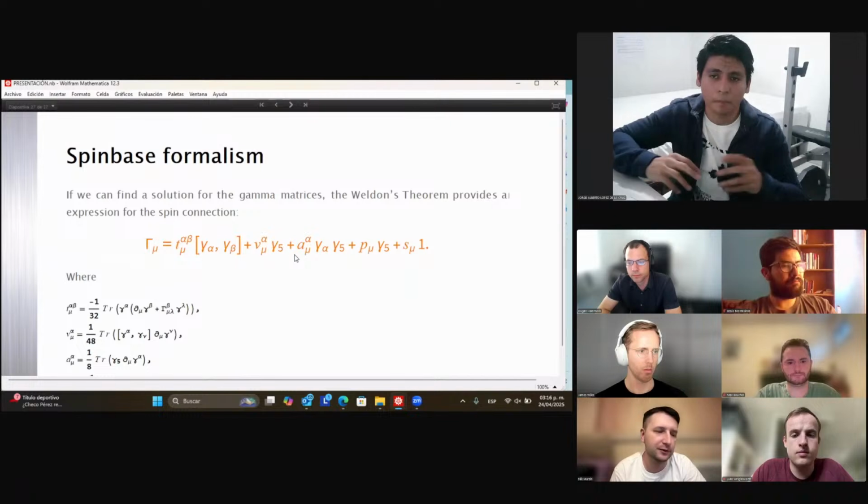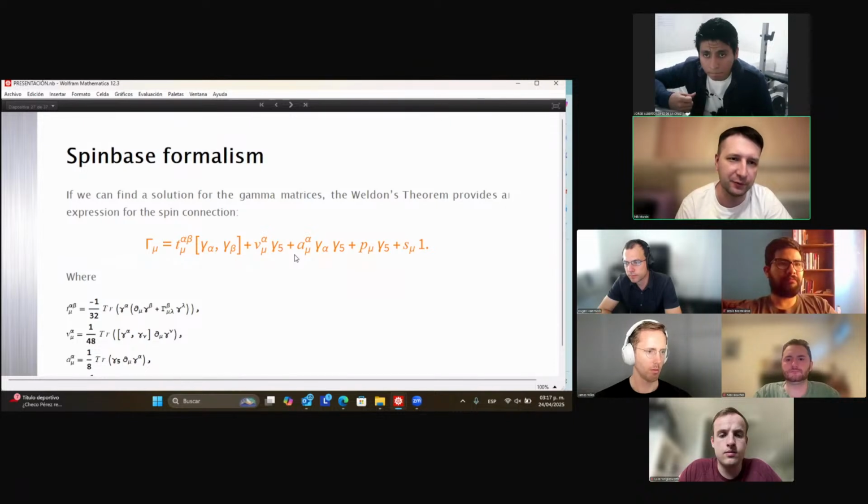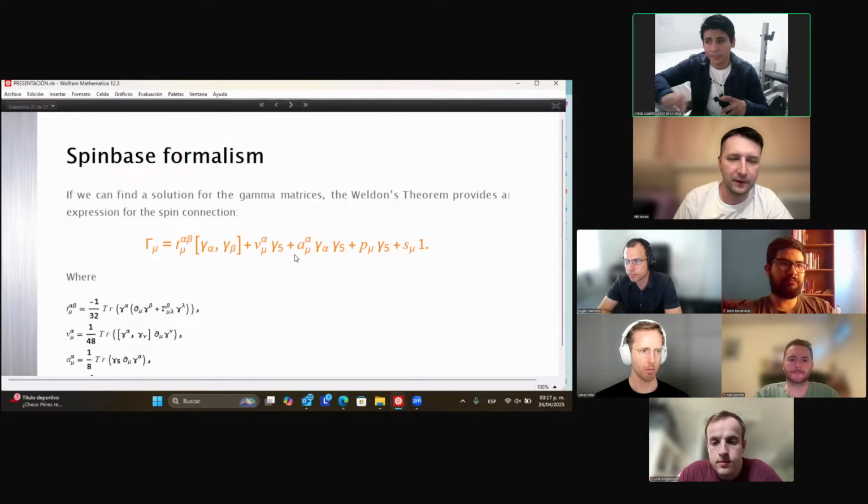I see. So if you use the tetrad formalism, you're basically trying to fit some coefficient before the gamma matrices, right? And it's not general enough, or maybe it has some limitations. And finding the spin connection with this method is somehow more useful in the end. That's what you're saying. Yeah, the standard for quantum field theory in curved spacetime is with tetrads. If you look in the books, even in the papers, for quantum field theory in curved spacetime, they always use tetrads.